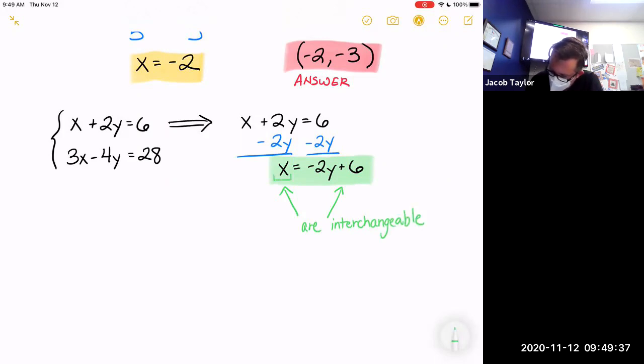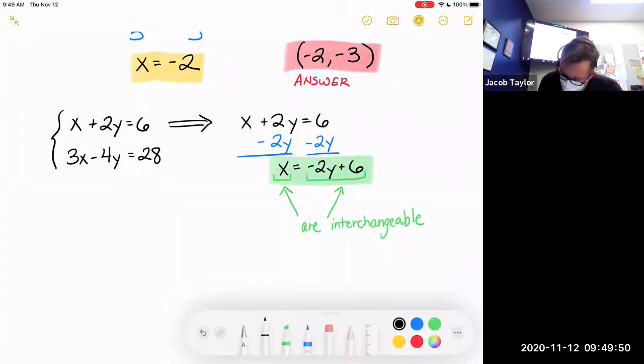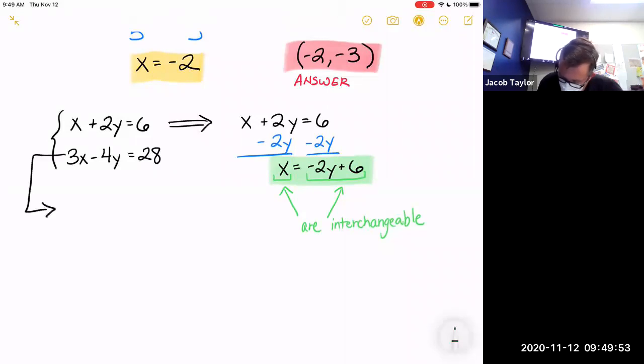The x and the negative 2y plus 6. So what I'm going to do is take the second equation, the one that I haven't used yet, this guy, and I am going to replace the x with negative 2y plus 6.